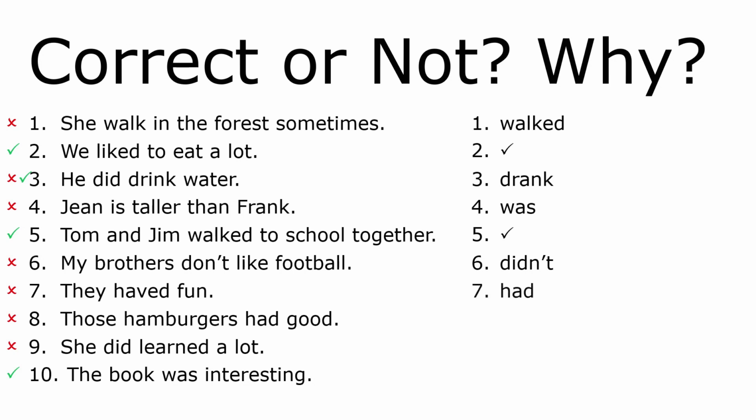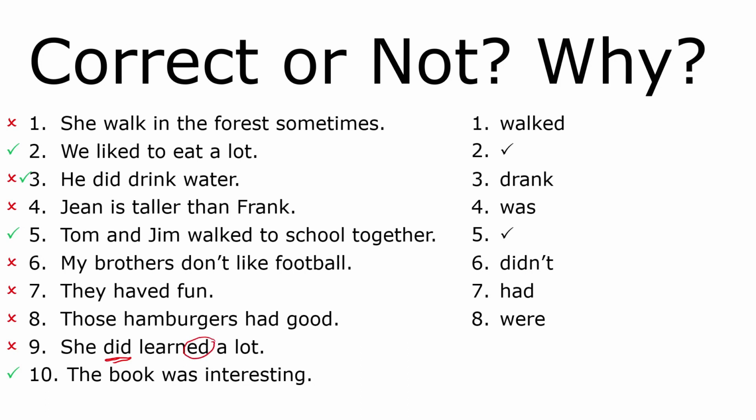Number 7 is the wrong verb form. They had fun. Number 8 is the wrong verb altogether. Those hamburgers were good. All right, what about number 9? Well, I've learned from number 3, so I know that this is okay. It might not be the best way, but I know that it's okay. No, it's not, because this is also here.